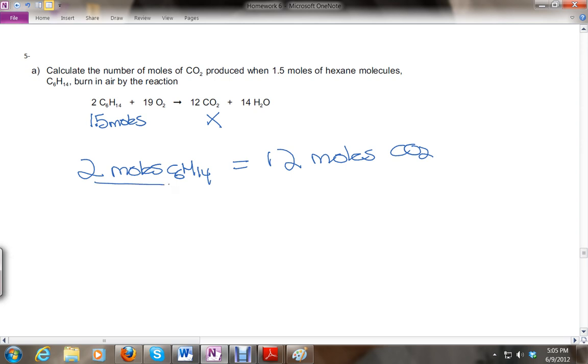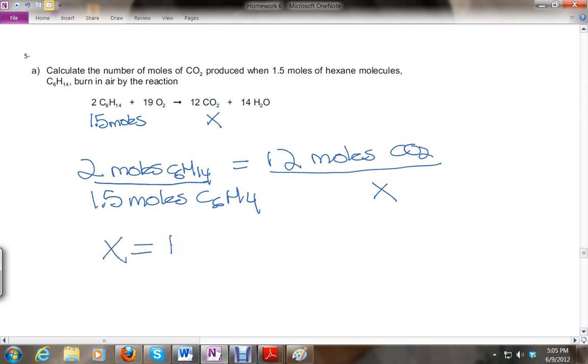So if instead of 2 you have 1.5 moles of C6H14, how many moles of carbon dioxide would you obtain? So it's going to be X, again cross multiply: 12 by 1.5 divided by 2. And this would be moles of CO2.